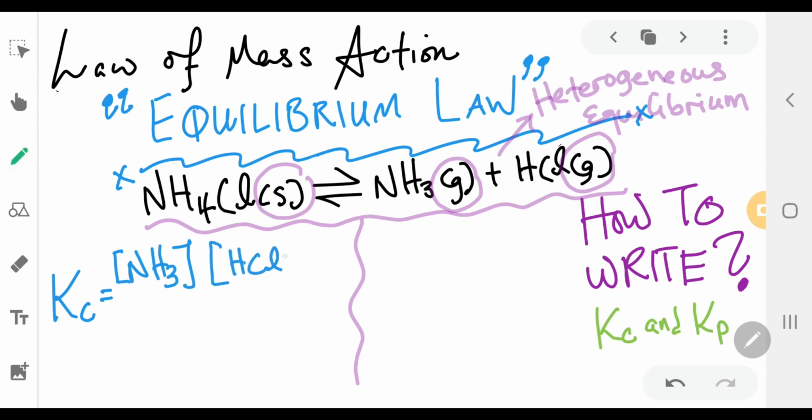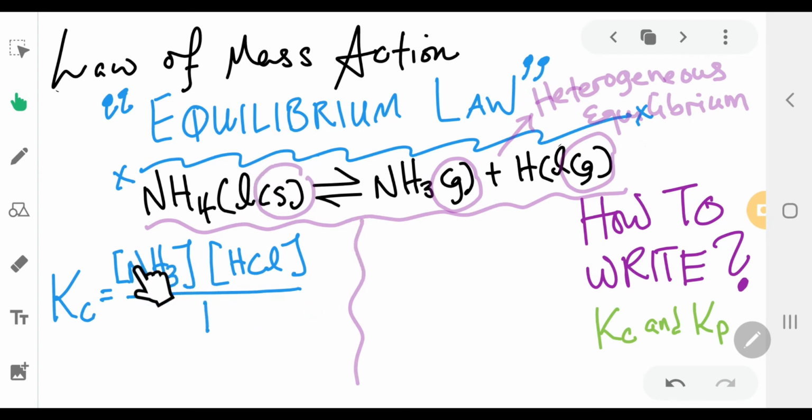Concentration of HCl. Okay, so since this is constant, the value of that constant will be divided by 1. Because down here, this is 1. The value of solid is 1 because it is constant. So you're going to divide by 1.